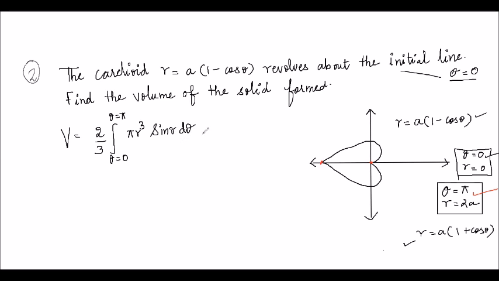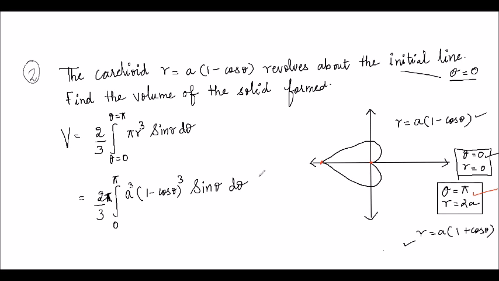Since the integration is with respect to theta, we need to write this integrand in terms of theta. So let us write down r from the equation of the curve. The curve is r equal to a(1 minus cos theta). So using this equation of the curve, we get 2 upon 3, integral from 0 to pi. We can take this pi outside. This is constant: 2 upon 3 pi a cube (1 minus cos theta) whole cube sine theta d theta.